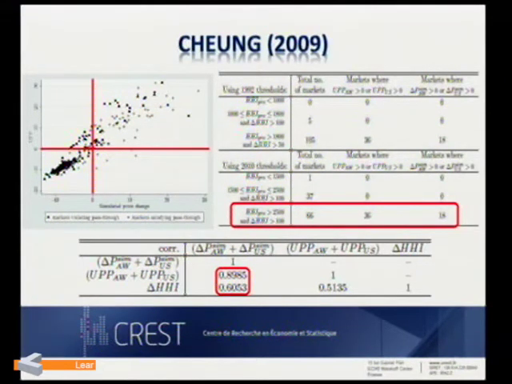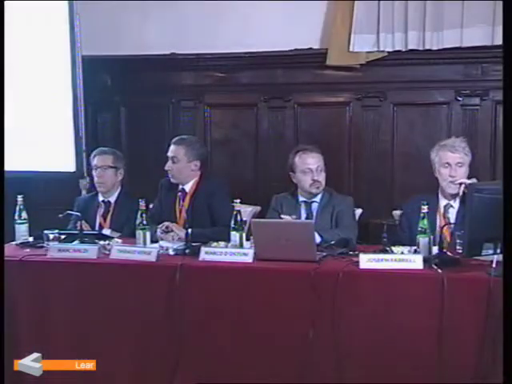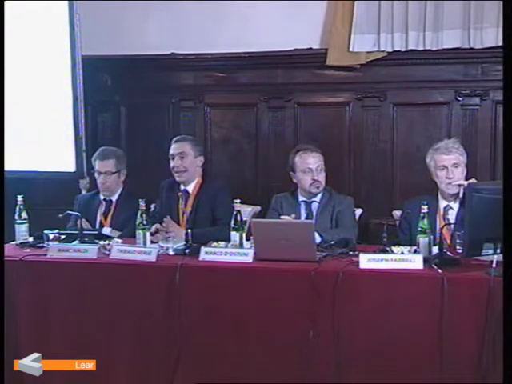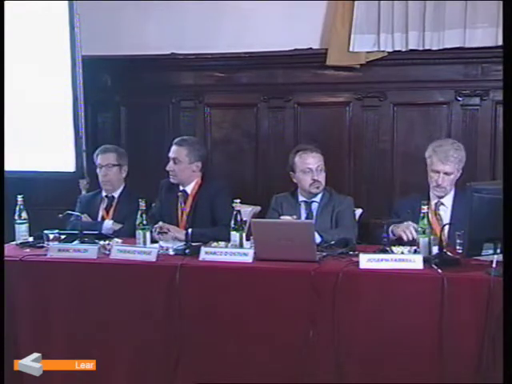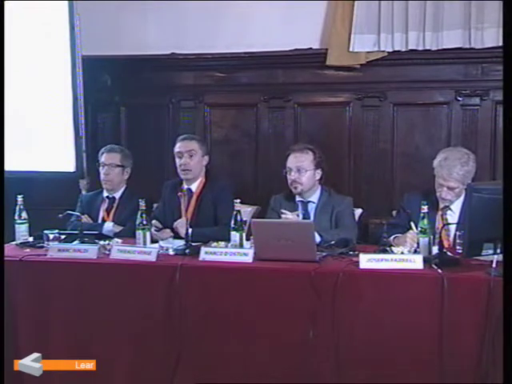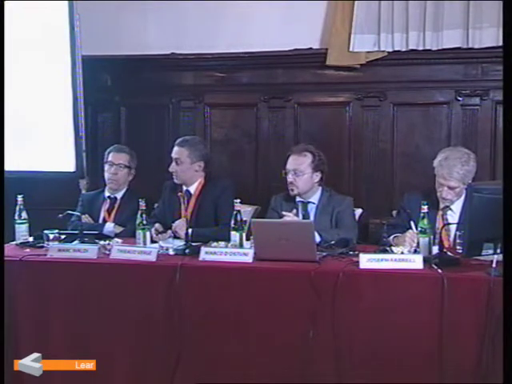Well, in the end, it's not that bad. Obviously, you make some mistakes. You have some routes that would appear in the top left or bottom right corners. But overall, the correlation between UPP and price simulation is not too bad, and it's much better than what you would do with market share screens.